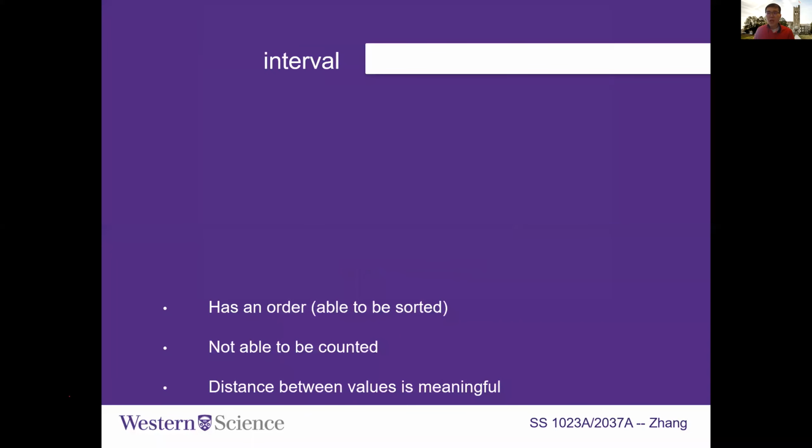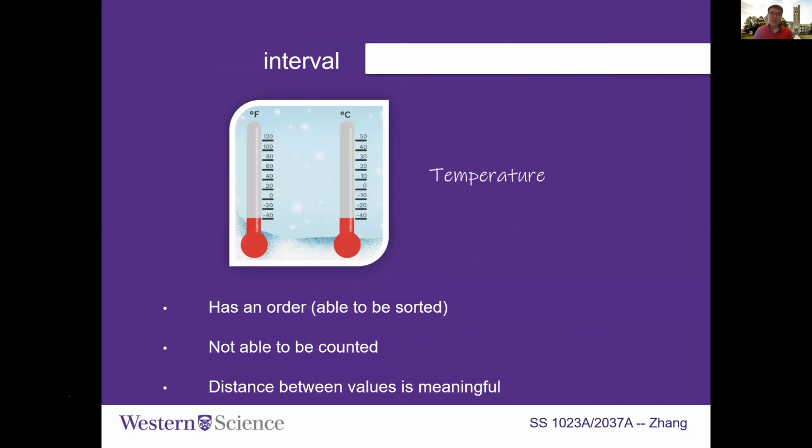Another type can also be ordered, but the difference is that it can't be counted. For example, temperature. When we measure temperature, we measure the degree of how hot or how cold it is, so we get a number from this measure. Can we count the numbers?